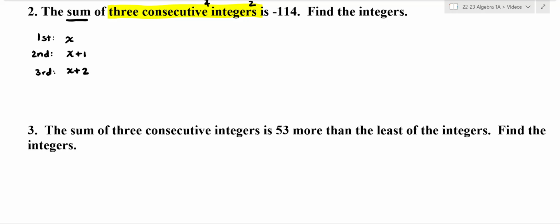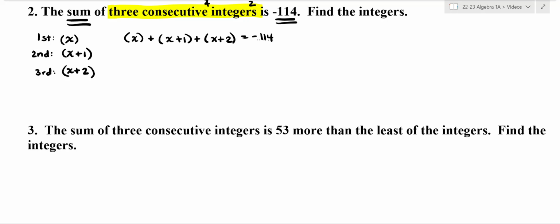And we want the sum to equal negative 114. So that means we need to add these numbers. So we need this one plus this one and then plus that one. So you have x plus x plus 1 plus x plus 2 equals negative 114.